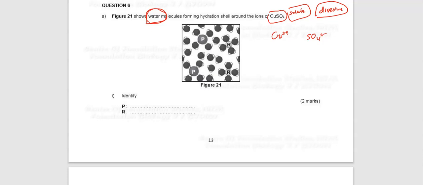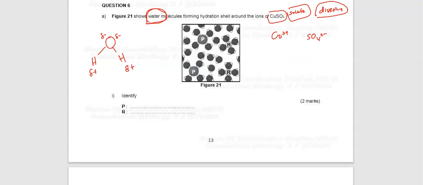As you know, a water molecule consists of oxygen, hydrogen, and another hydrogen. So the oxygen region will have a negative partial charge, and the hydrogen region has a partial positive charge.